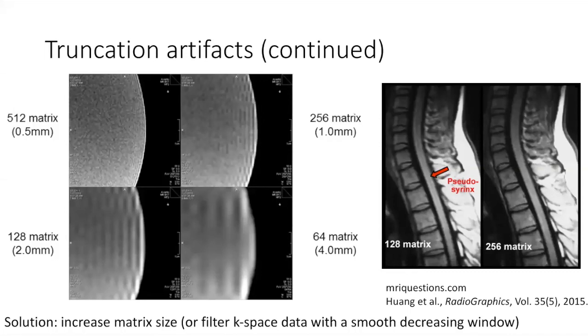At 512, the artifact is very nearly gone. As an alternative, you can also filter your K-space data with a smoothly decreasing window to try to get rid of these truncation artifacts, but typically I think increasing the matrix size is easier, although at the cost of increased scan time.